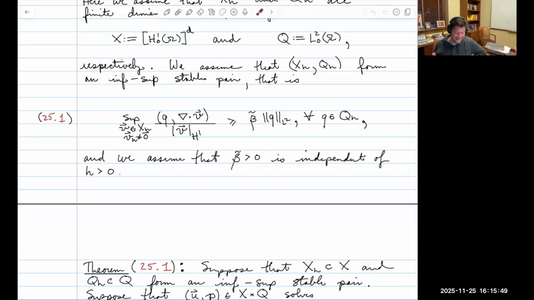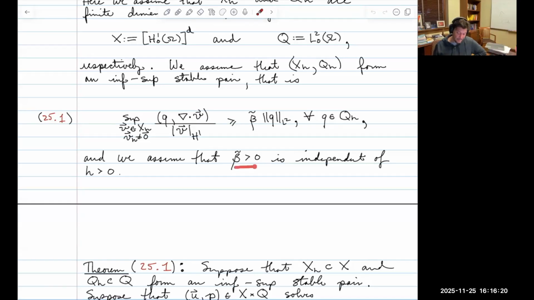The structure is exactly the same, so you could give them the same name. But I just wanted to highlight the fact that this may or may not be the same as the infinite dimensional inf-sup stability condition. The other point is that this beta parameter is always going to be, or should be, independent of H. If it's not, then you lose the ability to prove uniform estimates as we're going to try to do momentarily.